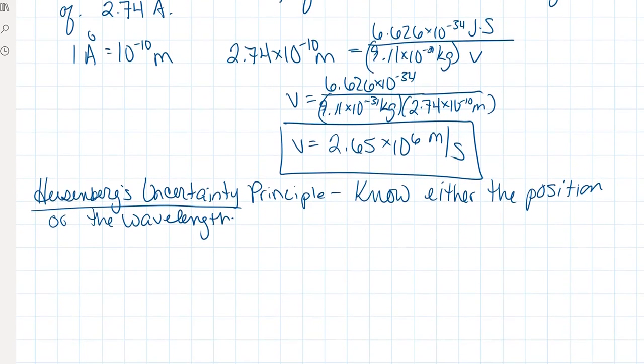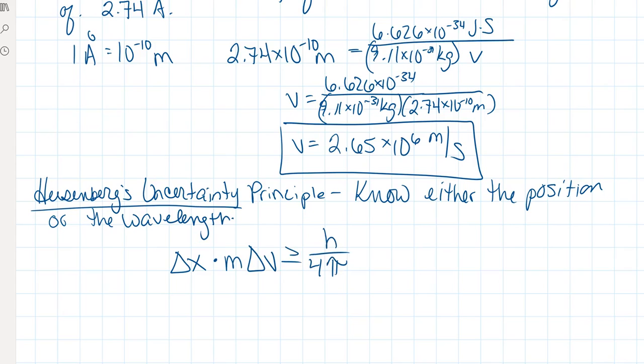And so what he said is, by measuring the uncertainty, you can figure out some important pieces. In this case, the change in position, times the mass times the change in velocity, should be greater than or equal to h over 4 pi.